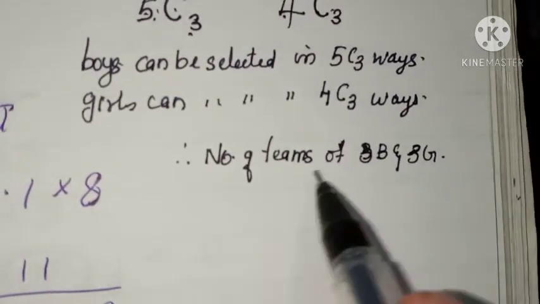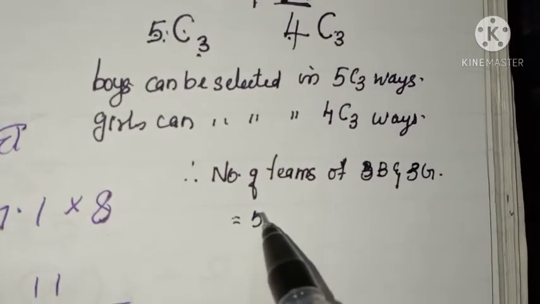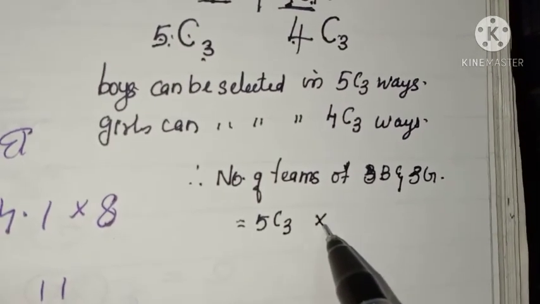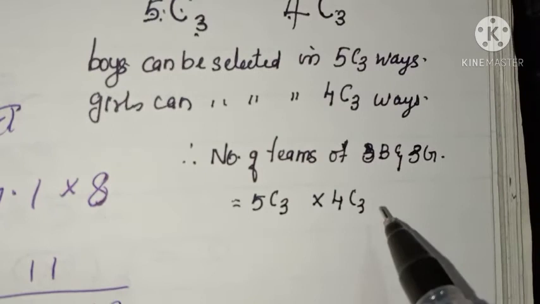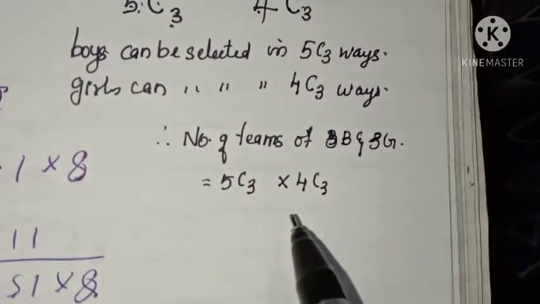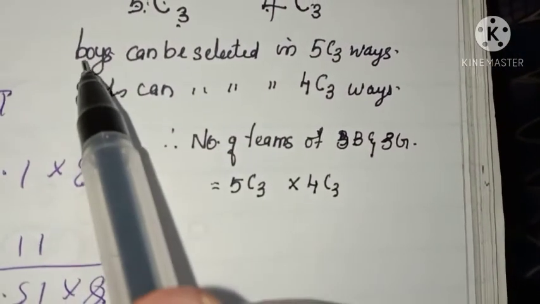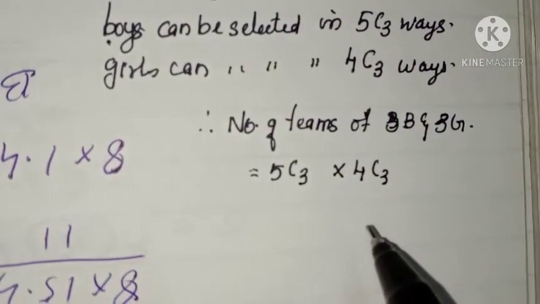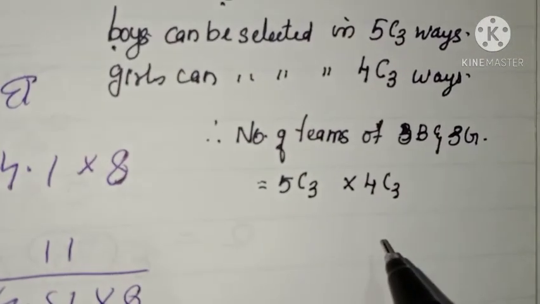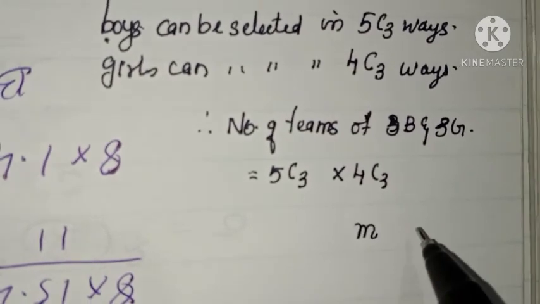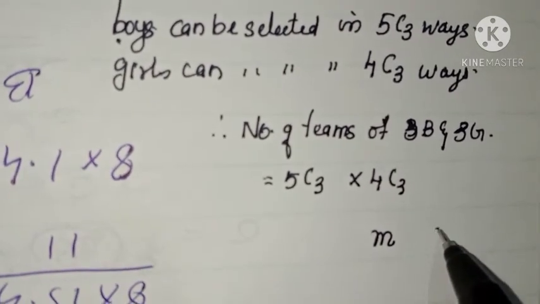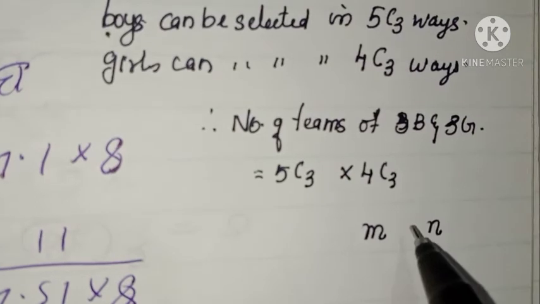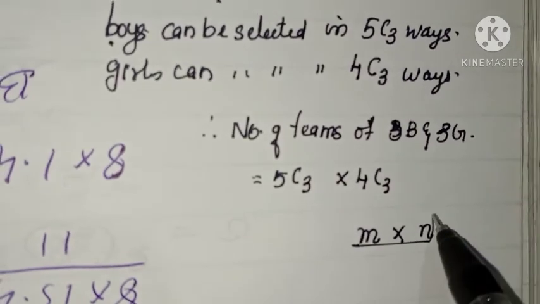That required number of combination is equal to, listen, 5C3 into 4C3 by the multiplication principle, because in the case of the multiplication principle, I already defined: an event occurs in m ways and another event occurs in n ways, the total number of ways is equal to m into n.